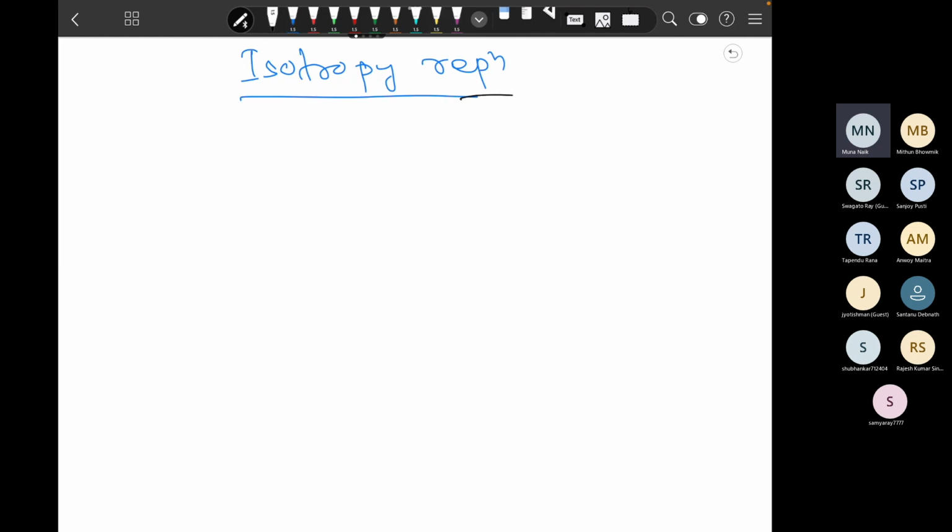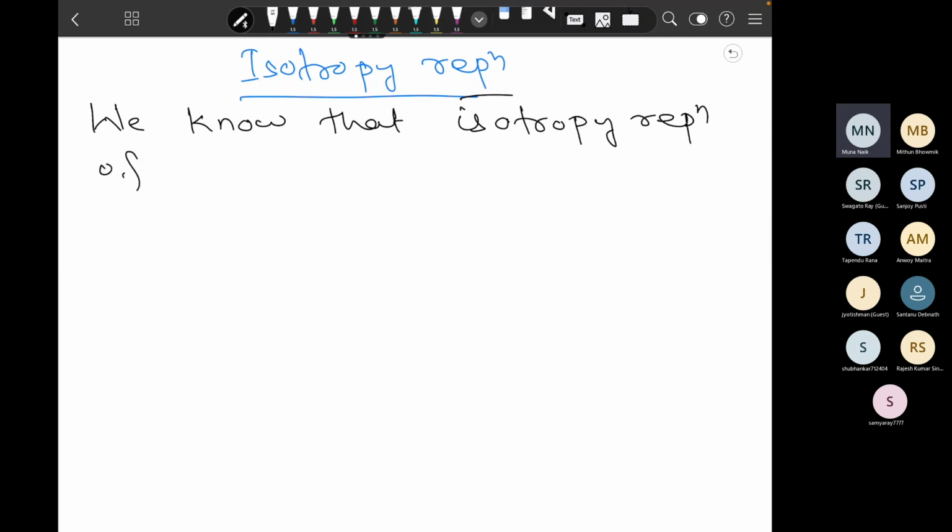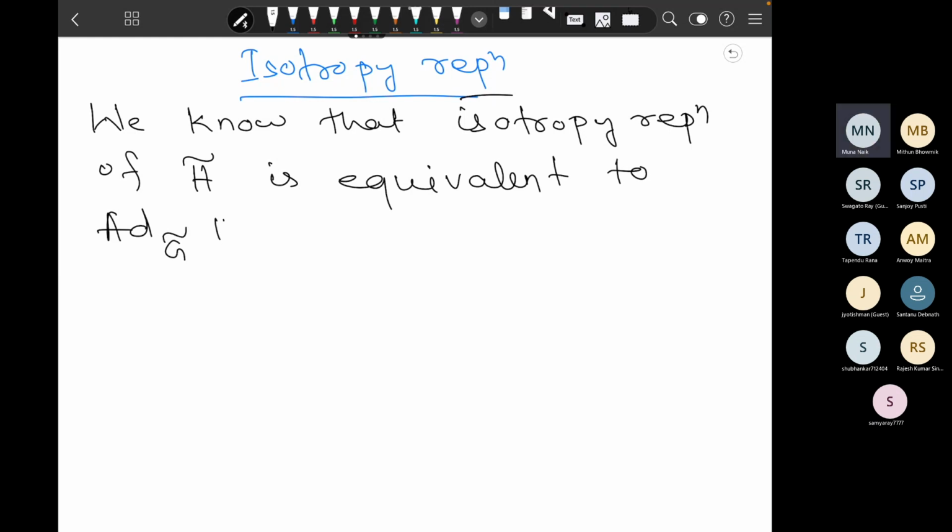So the thing is, we already know that the isotropic representation of H tilde is equivalent to Ad of G tilde, the action on p.